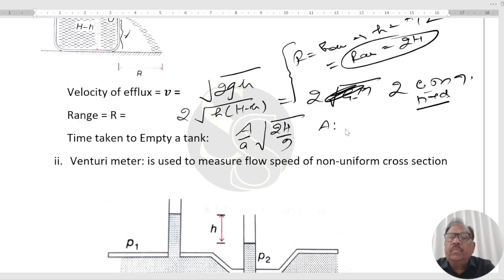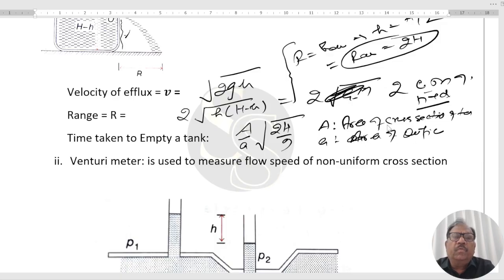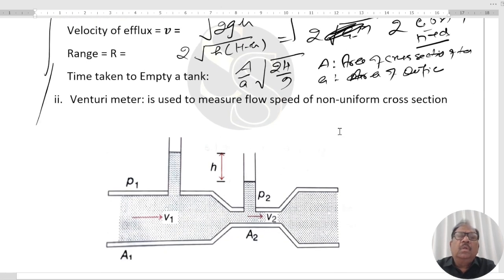Capital A is the area of cross section of the tank and small a is the area of the orifice. This is regarding Torricelli's law.